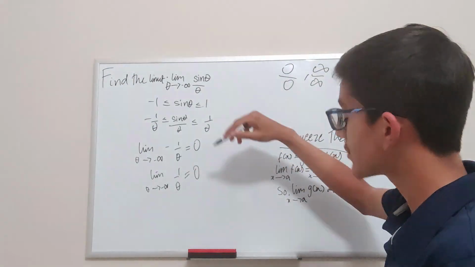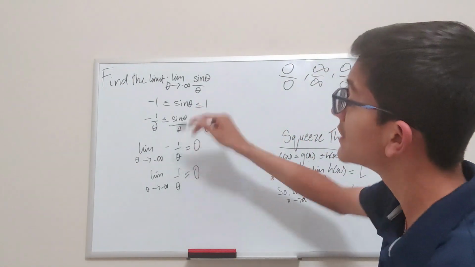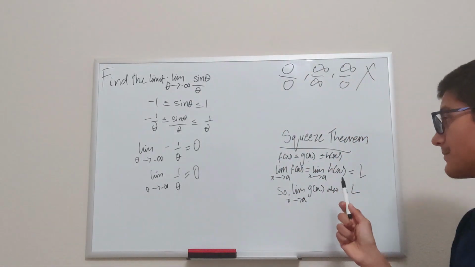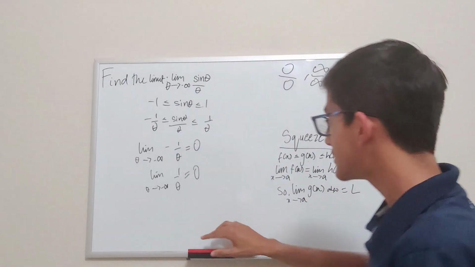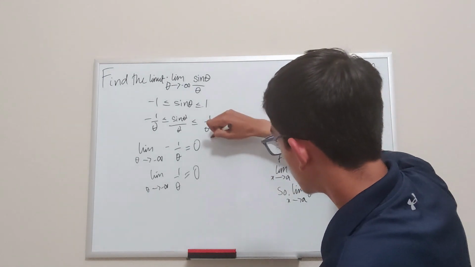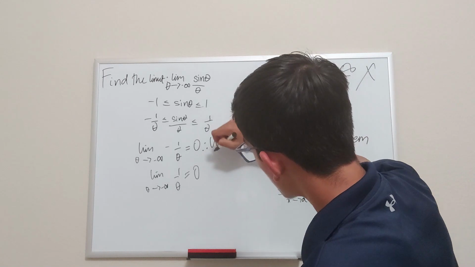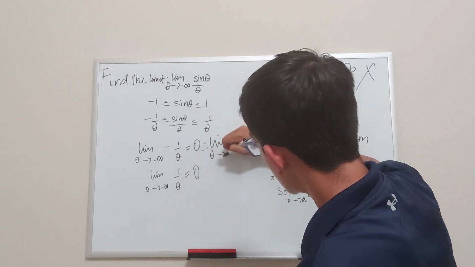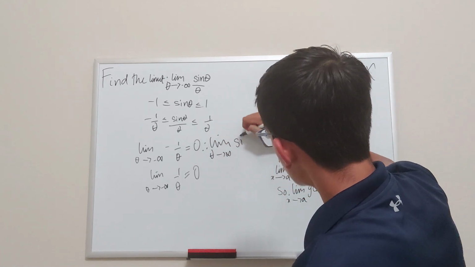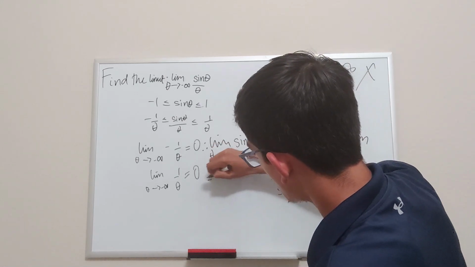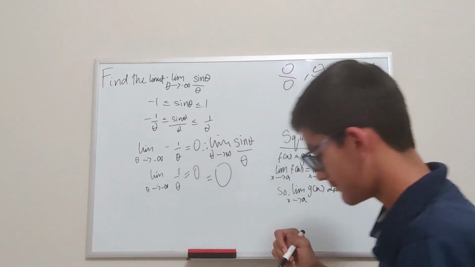So since these two limits are the exact same, we can apply the squeeze theorem. Therefore, we can state that the limit as theta approaches negative infinity of sine theta divided by theta is equal to 0.